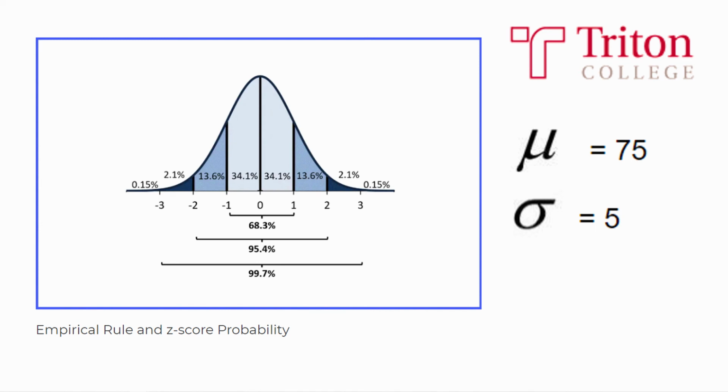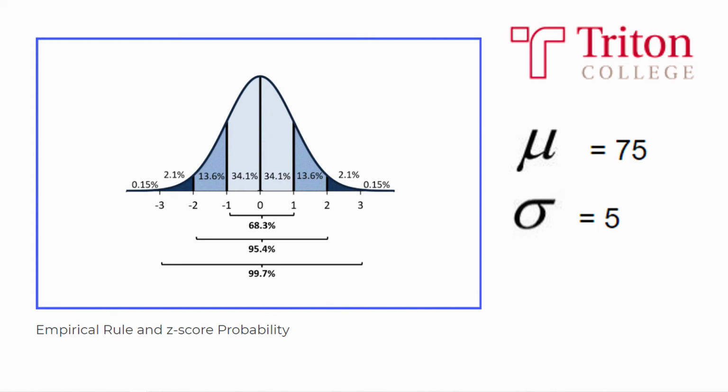So let's just say you are a teacher at our esteemed college here, and you have 1,000 students. So 1,000 students take your final exam. It's a big class, right? Much bigger than this one. So we have 1,000 students that take your final exam, and we have a mean score of 75.